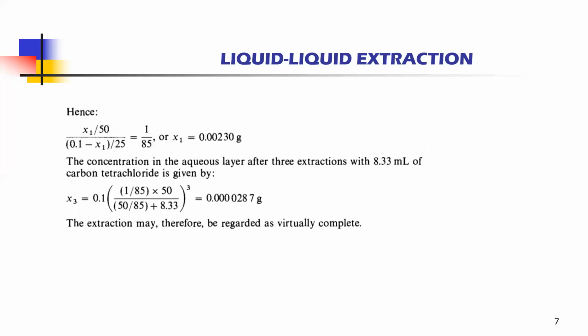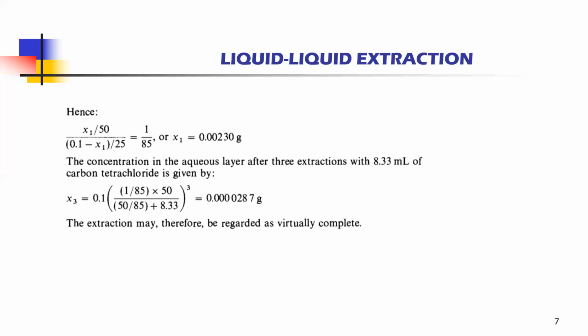So we can write x1 upon 50 over 0.1 minus x1 upon 25, the distribution coefficient, the concentration in the aqueous layer to that in the organic layer, equal to 1 by 85. Solving, x1 is equal to 0.00230 gram.